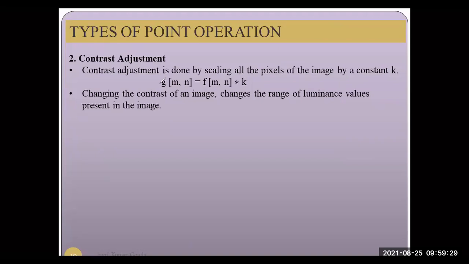This is the mathematical formula that is given. Instead of adding a number, we multiply with the constant value. Whenever we multiply each pixel with the constant value, the contrast of the image will be enhanced.